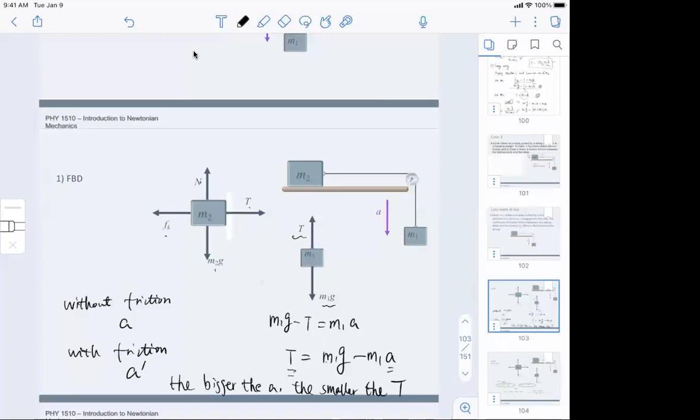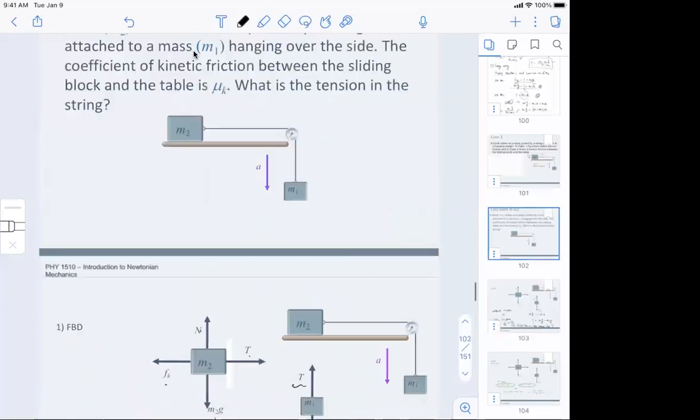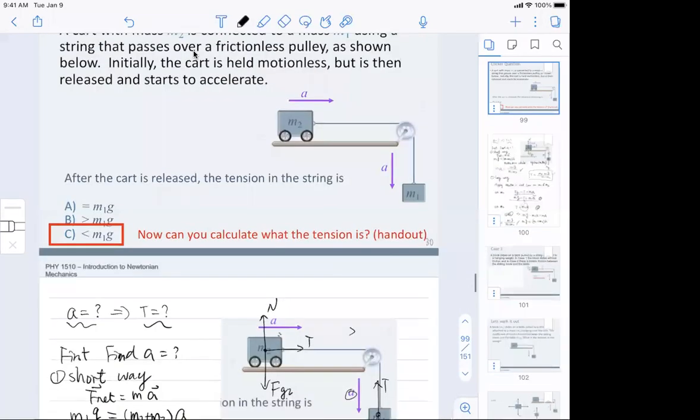Smaller, because it's trying to slow things down. So overall, A prime is smaller than A, which means the tension is now bigger. So case 2, with friction, actually has a bigger tension.